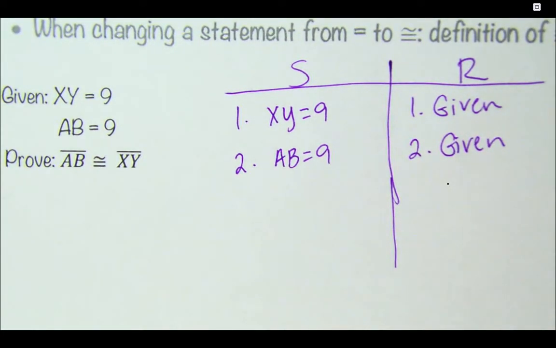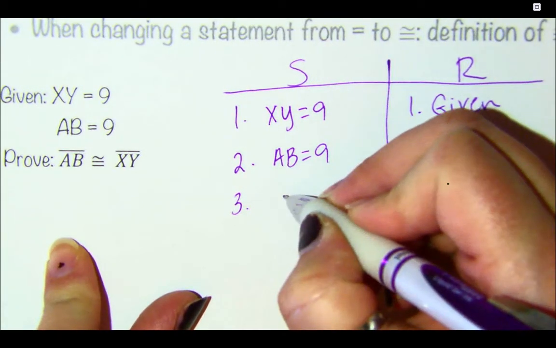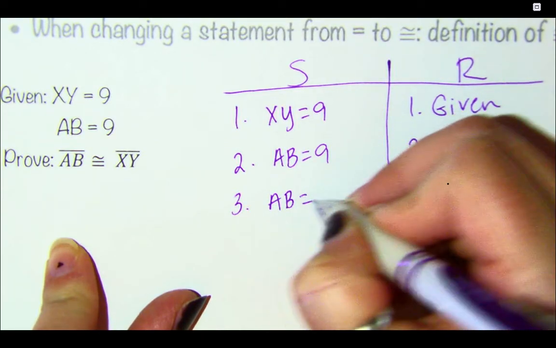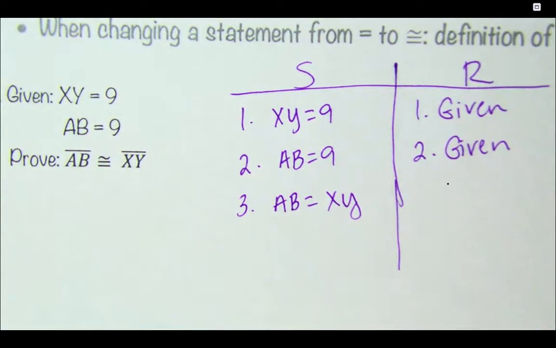We're trying to prove that those two segments are congruent. What do you know about those two segments based on what they told us already? AB and XY are equal to each other? Right, they have to be equal to each other since they both equal 9, right? So let's say that AB equals XY. What do you think the reason is?